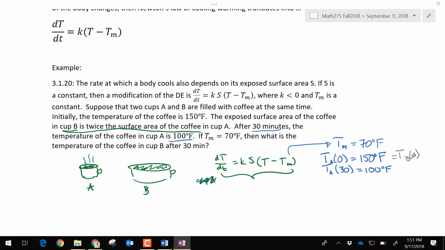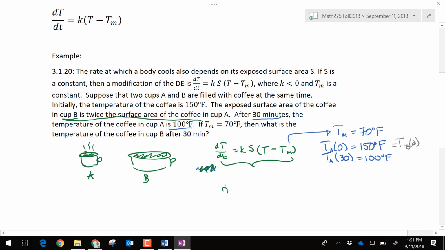Just bring all the dependent variable stuff with the dT to the dependent side. And if you have any constants, now Tm is a constant, but it's stuck with a T. So if I were going to separate this, it should look like this. That's the whole left side.